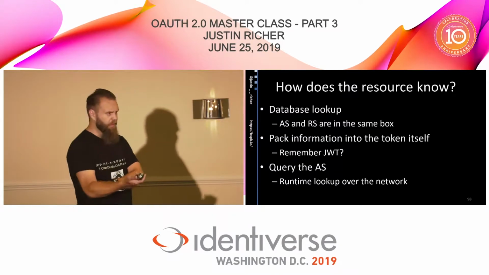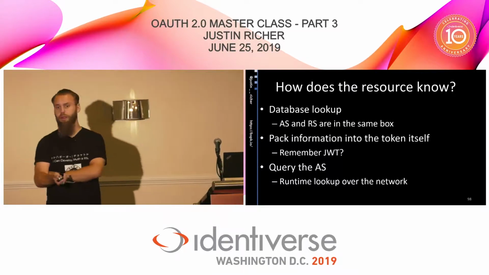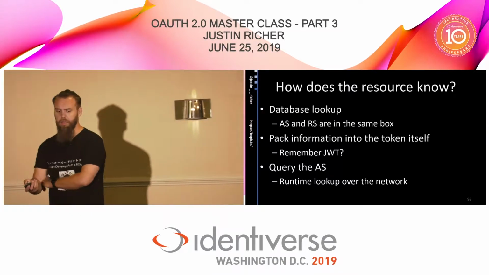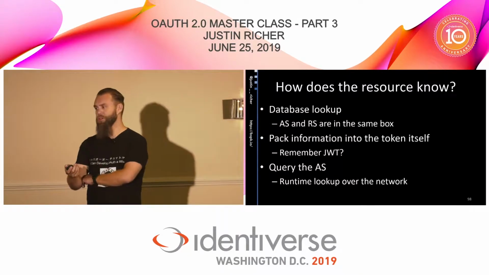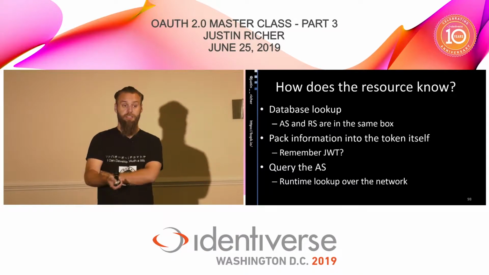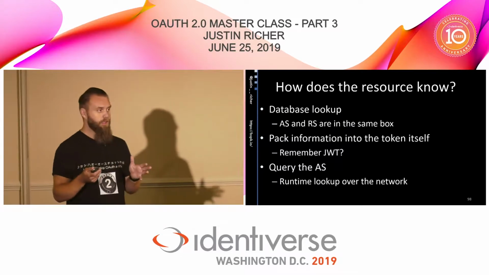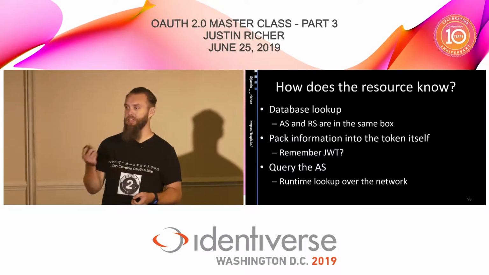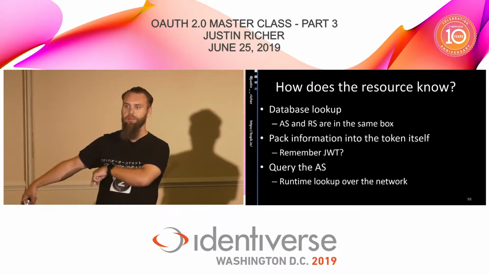So traditionally, you've got 3 different ways to do this. In OAuth 1, and really the world where OAuth 2 started, the AS, the authorization server, and resource server were the same device. They were the same box. And that meant that when the authorization server issued a token, it wrote a line into a database, into the tokens table.